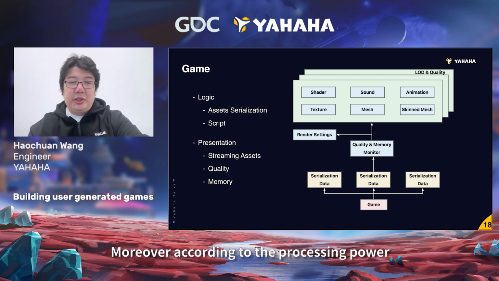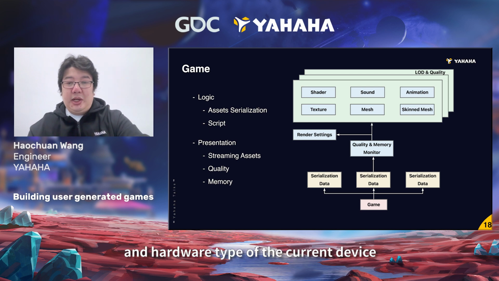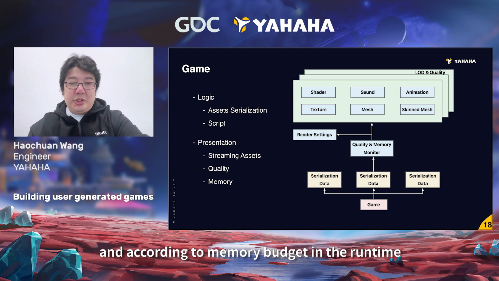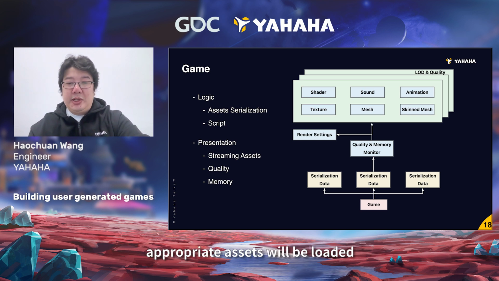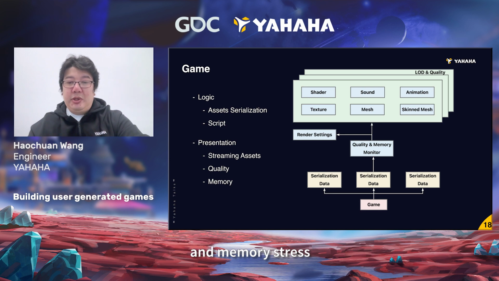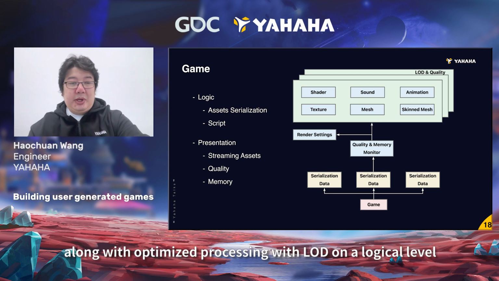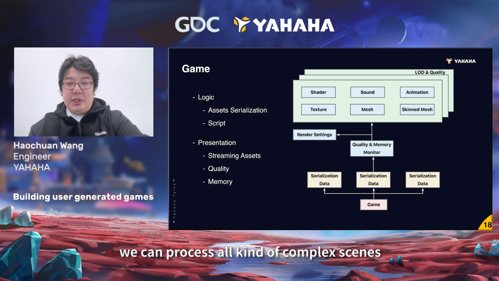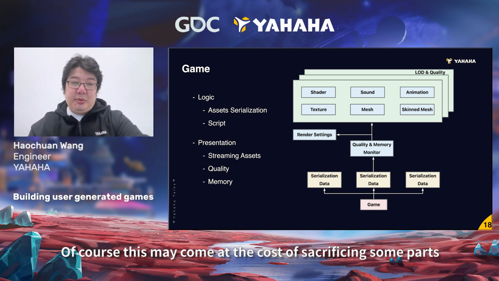Moreover, according to the processing power and hardware type of the current device, and the memory budget in the runtime, appropriate assets will be loaded, and appropriate graphic settings will be adjusted. This allows for dynamic adjustment of rendering and memory stress, along with optimized processing of the LOD on a logical level. We can process all kinds of complex things. Of course, this may come at the cost of sacrificing some parts.